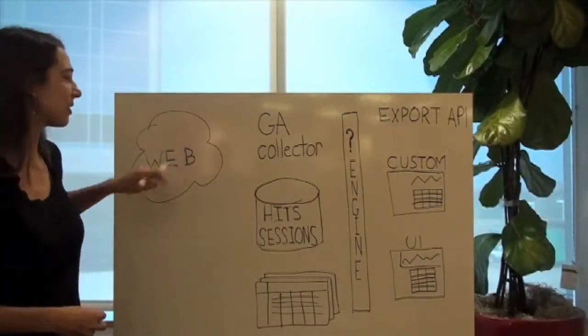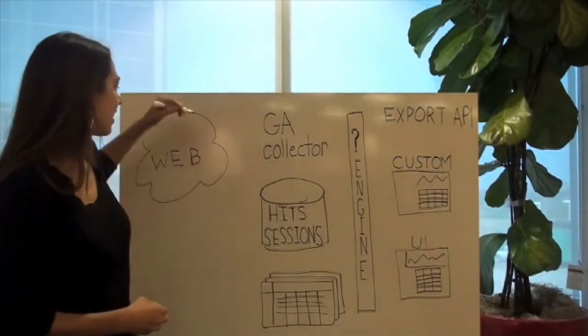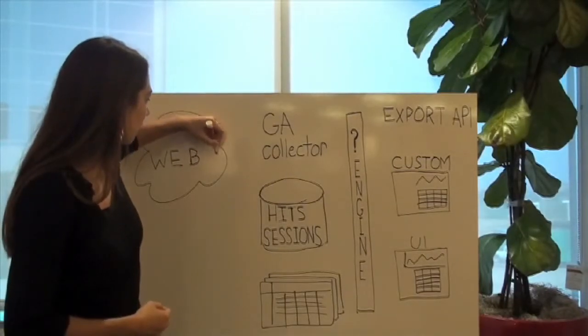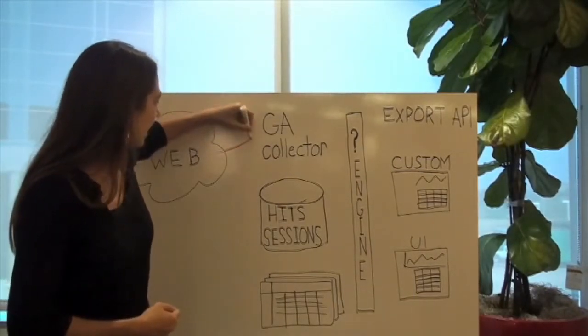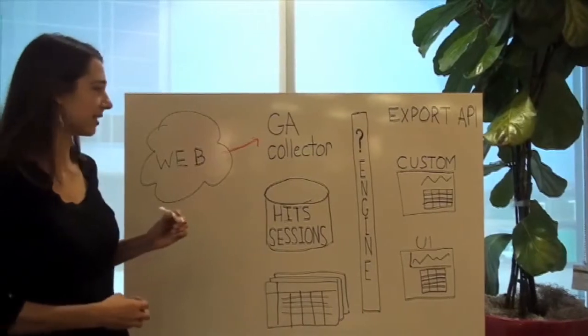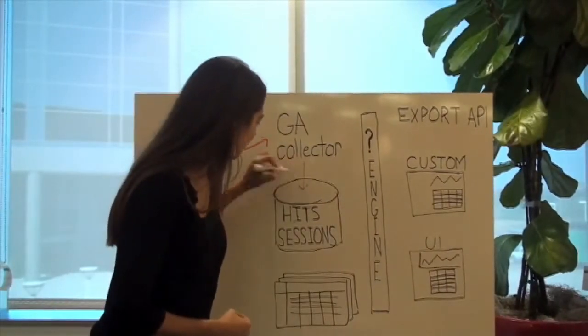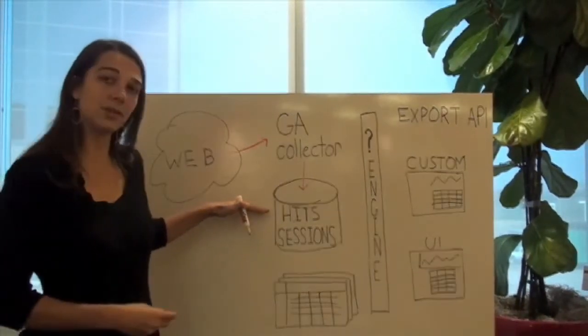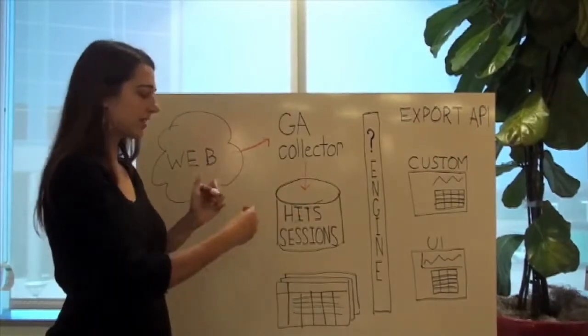So like you said, let's take a look behind the scenes at what happens after your JavaScript submits that information. Out here in the web, your JavaScript lives out here and is sending us hit by hit what's going on with your website. The GA collector receives that information and it's going to store it in the form of the individual hits and the sessions, the periods of interactivity.